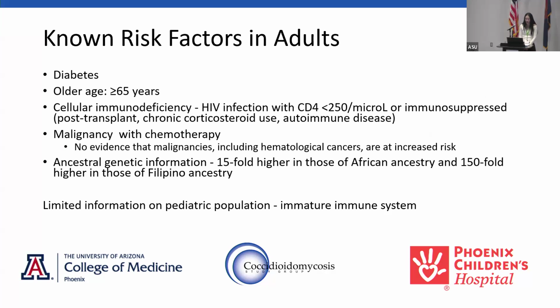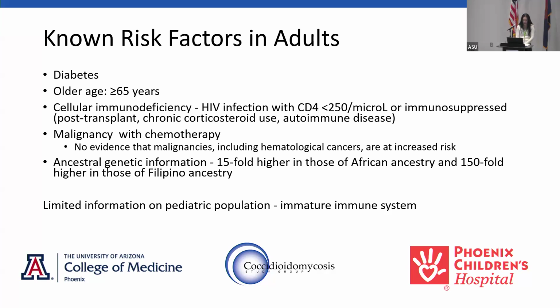In adults, the risk factors of severe disease typically include diabetes, older age greater than 65 years, cellular immunodeficiencies, including HIV infections with CD4 count below 250, or conditions causing immunosuppression, including cancer undergoing chemotherapy.